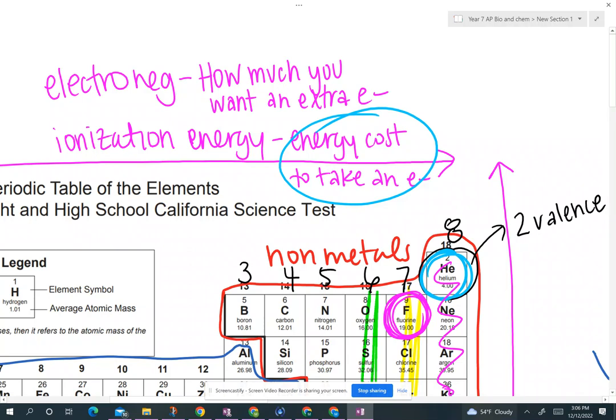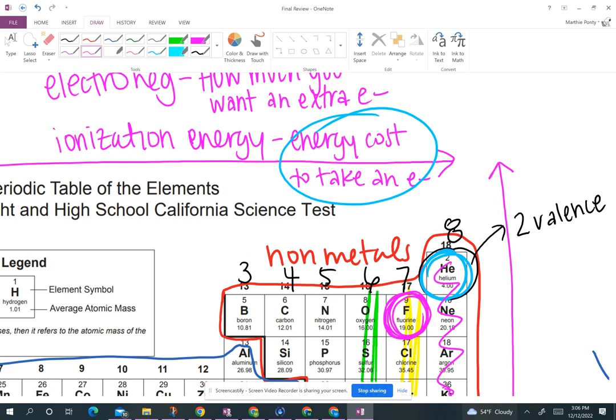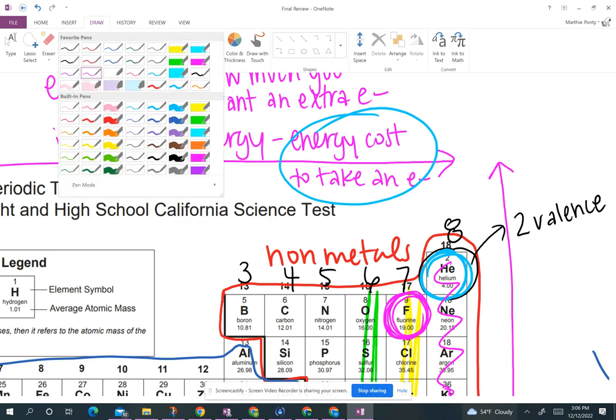Helium, neon, argon, all of those atoms already have a full set of valence electrons. They're already stable. They don't need an extra electron. So they are going to be discounted from the trend and put at the back of that trend.